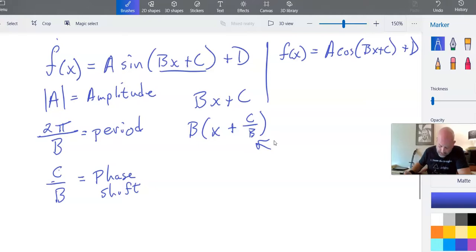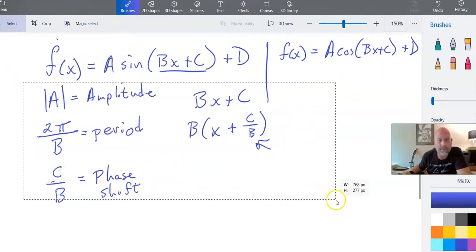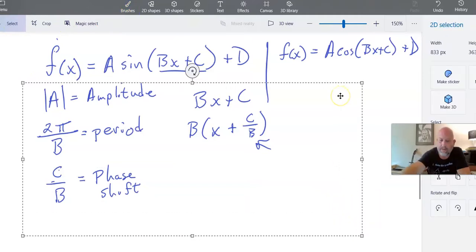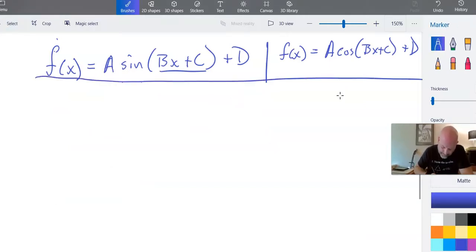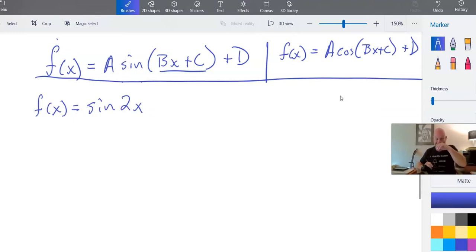Okay, so let's go ahead and clear this off. And we'll take a look at one of these. Okay. So let's say I have, in fact, let me draw across here. F of x is equal to sine of 2x.